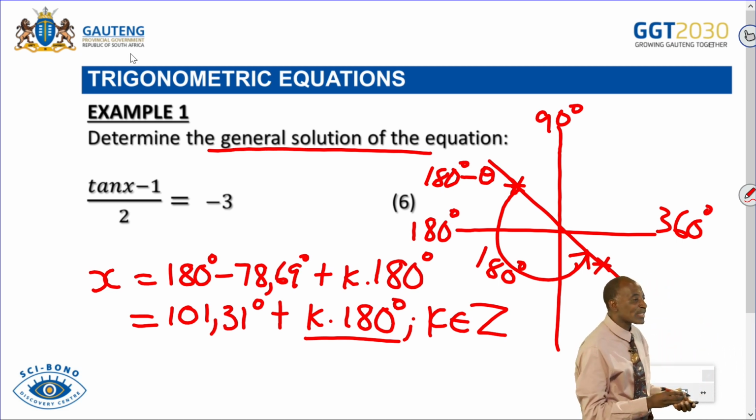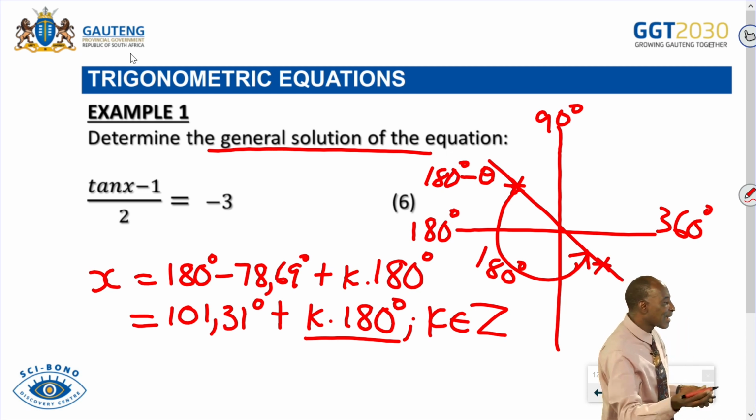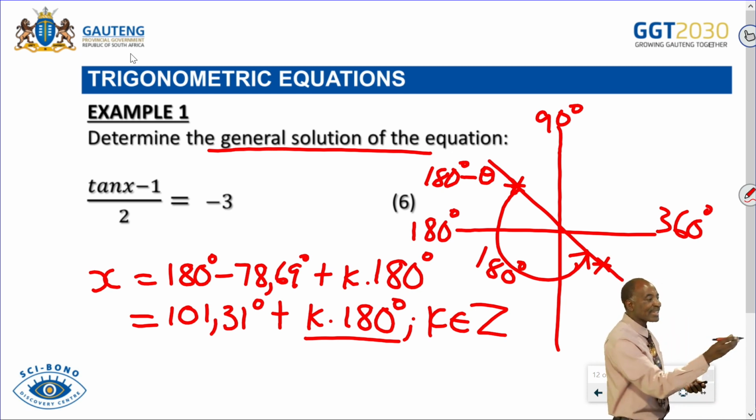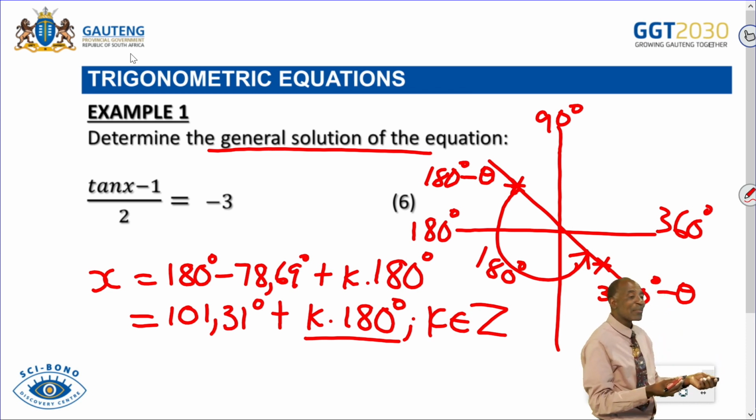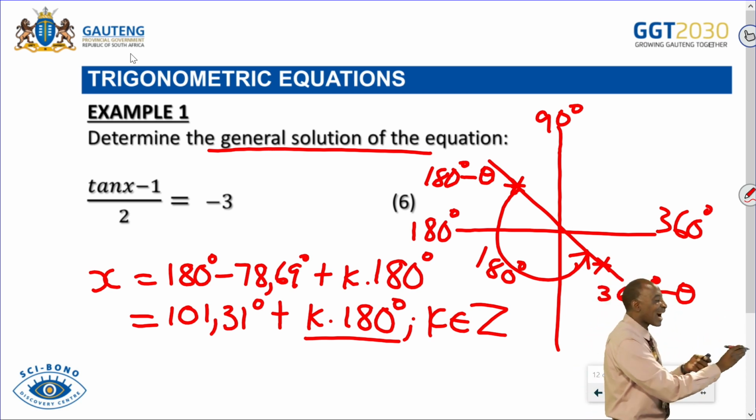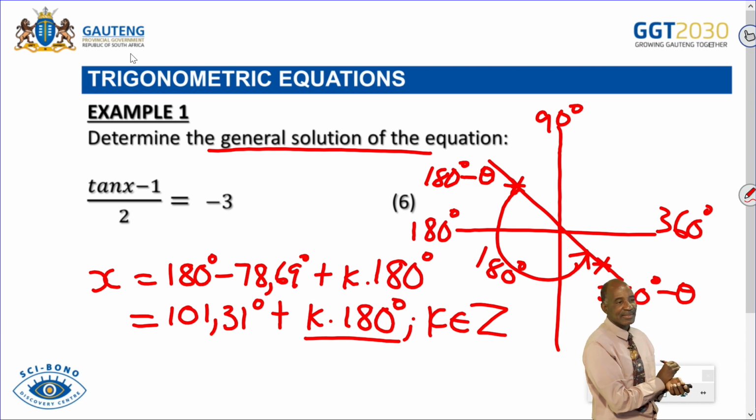So I don't have to say 360 degrees minus 78.69, my reference angle. Remember, here is 360 degrees minus theta. We can do it, but you'll find that all those angles are already in this statement.